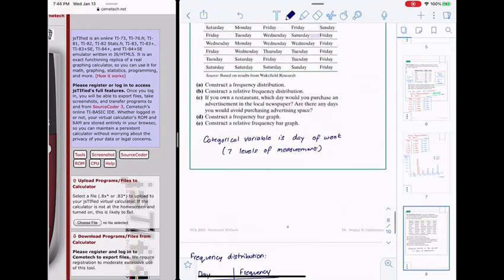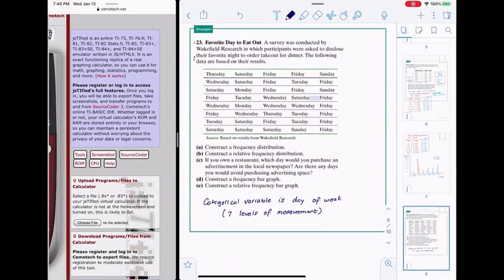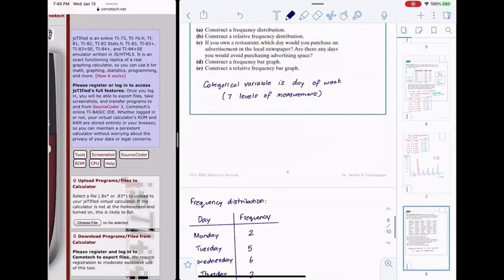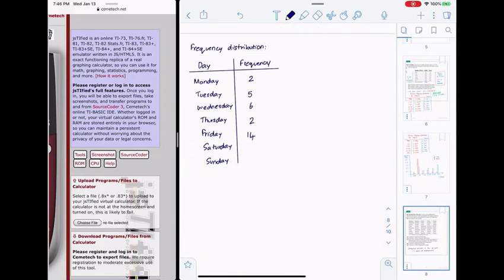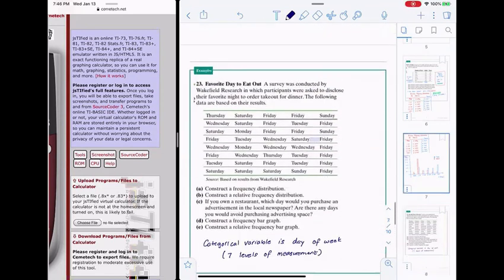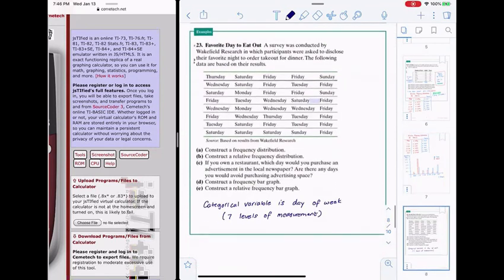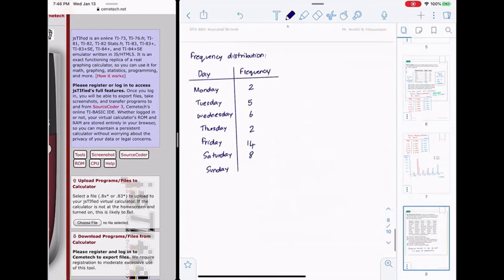And Saturday we have 1, 2, 3, 4, 5, 6, 7, 8. Sunday 1, 2, 3.